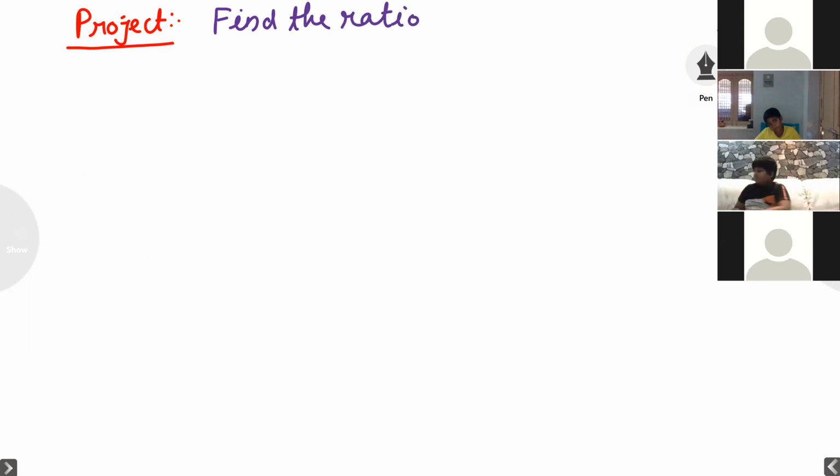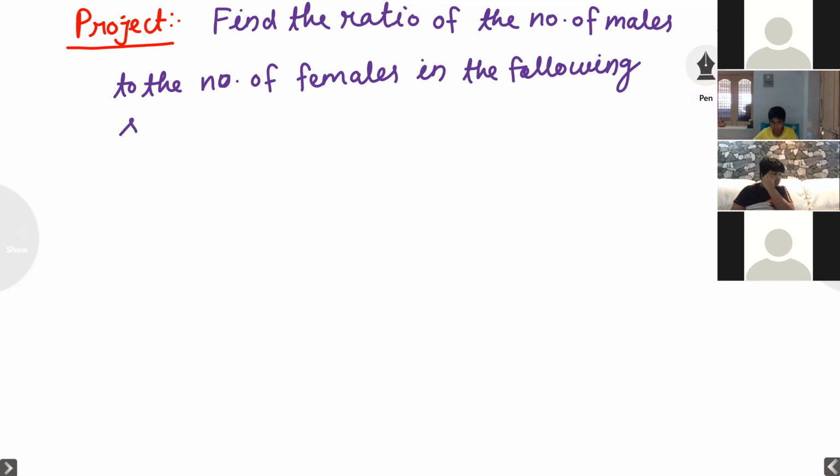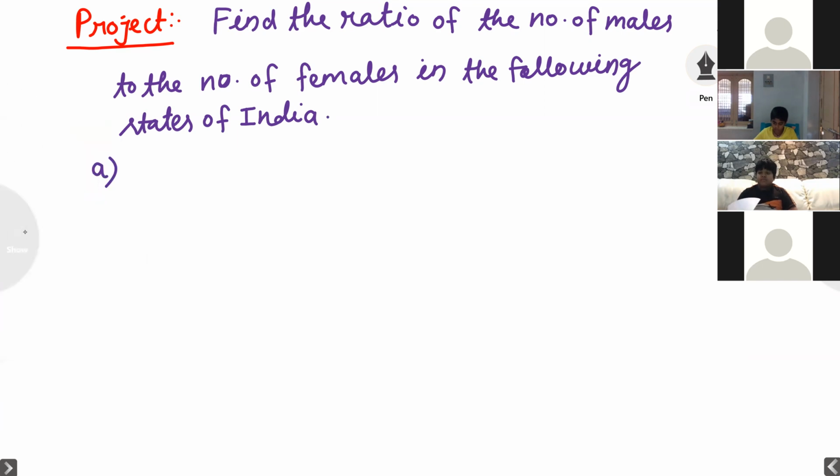Find the ratio of the number of males to the number of females in the following states of India. First state is Maharashtra.